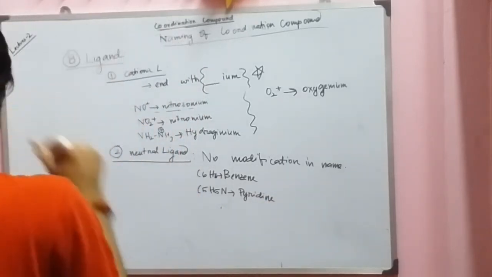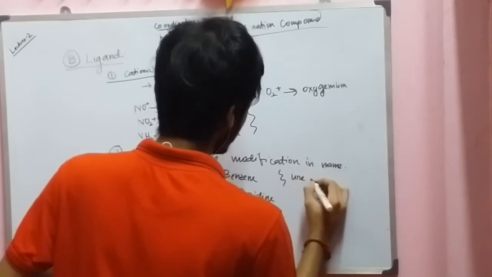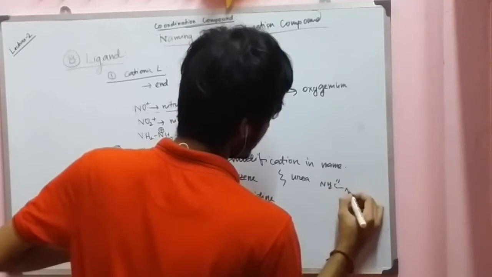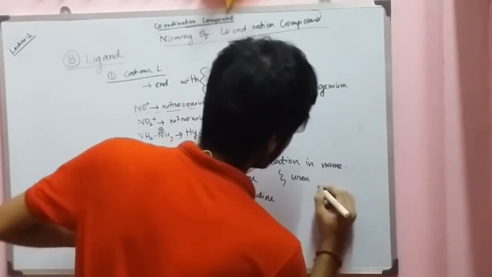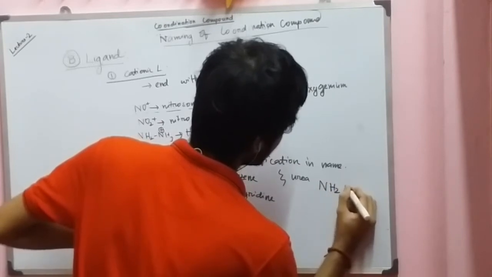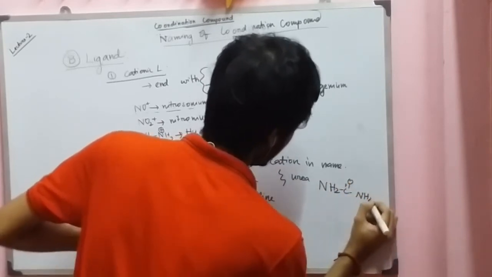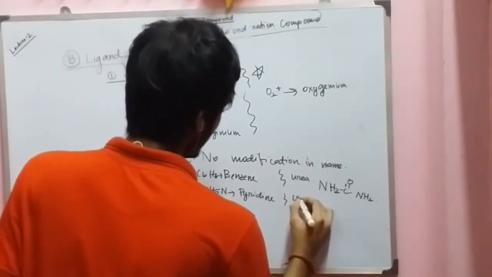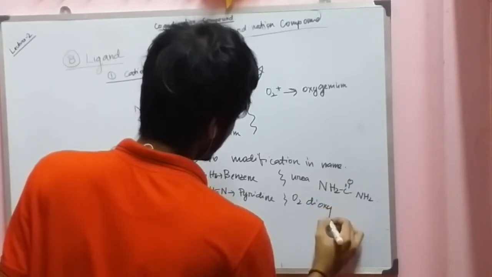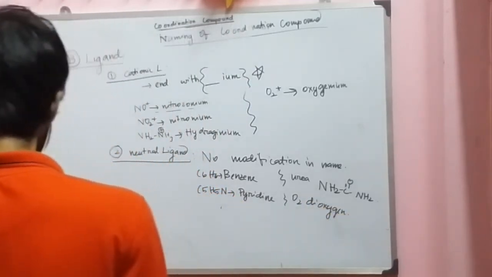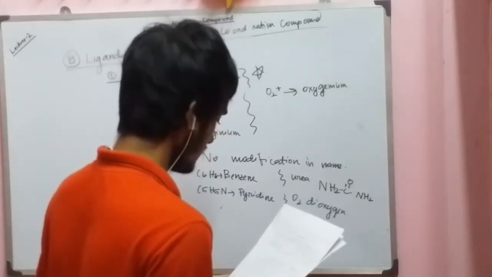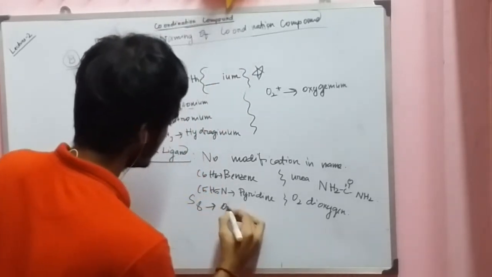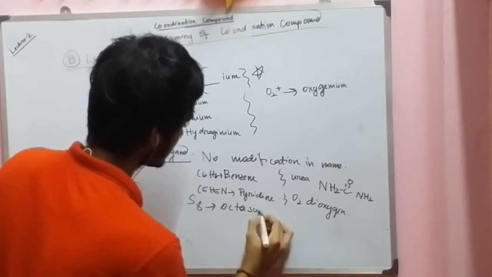And urea, NH2CONH2, this is urea. And O2 is dioxygen, and S8 is octasulfur.